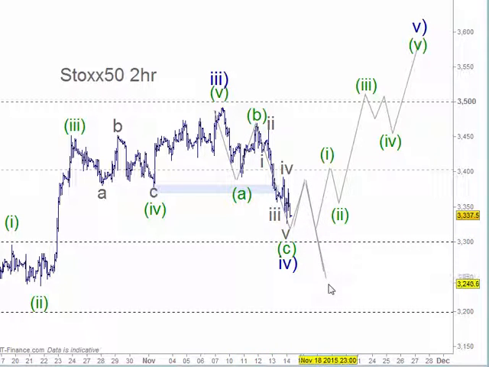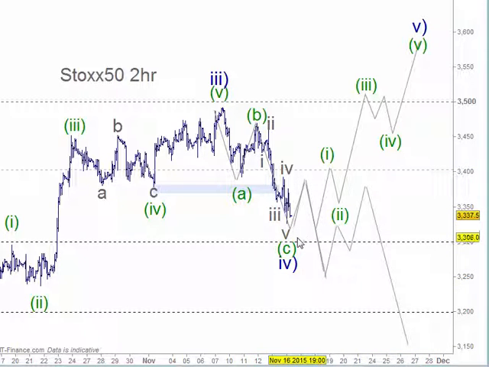And if we've got 5 waves down in the opposite direction from this high here, then we'd be looking at an A, a B and a C wave here, and then further down here.